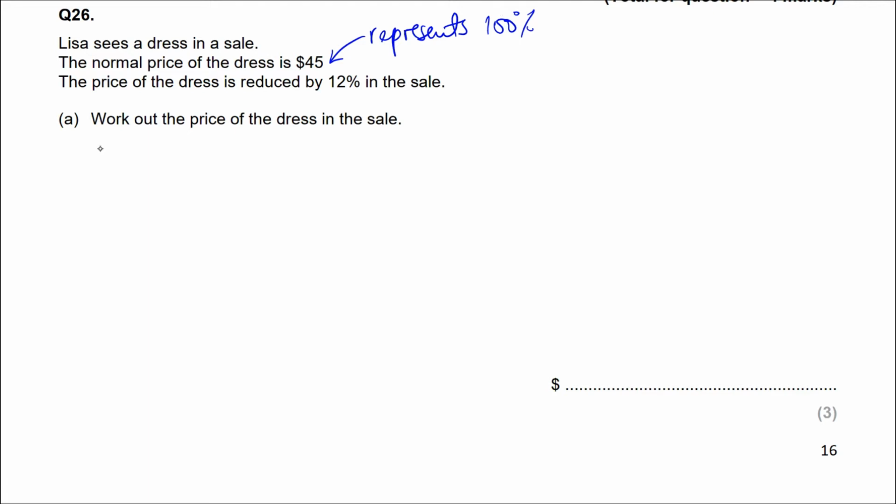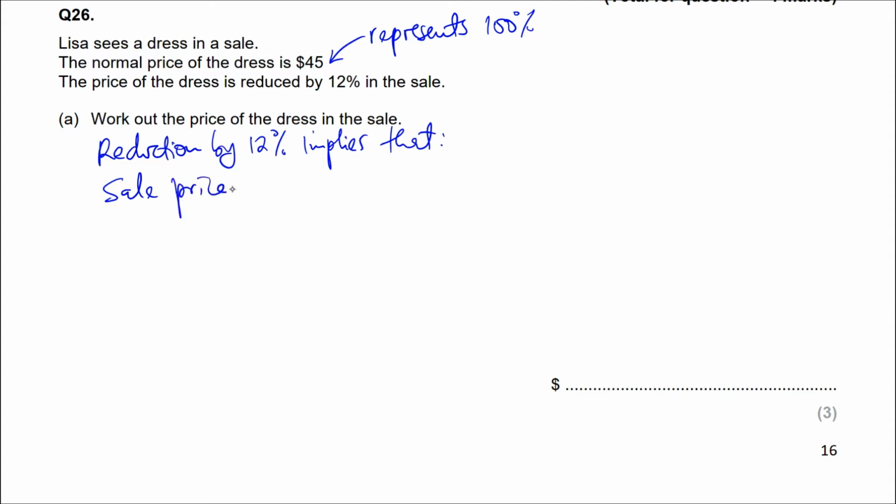So reduction by 12% implies that the selling price will be equal to 100% minus the reduction to give us the multiplier, and this will be of the original cost, which is $45.